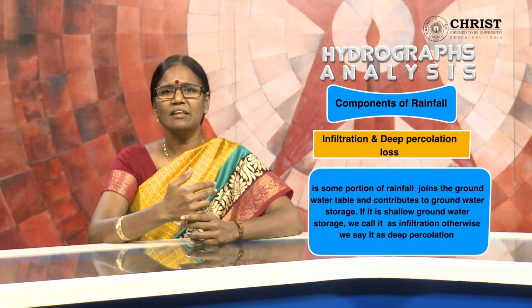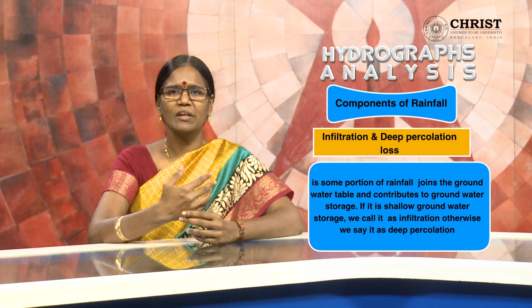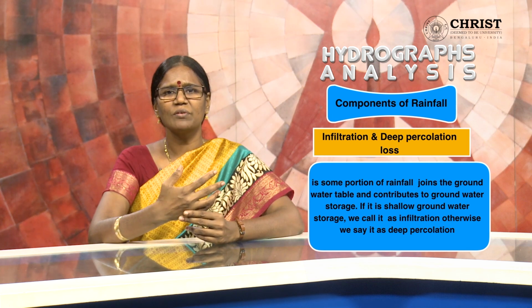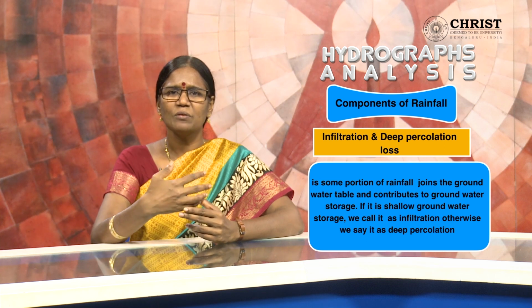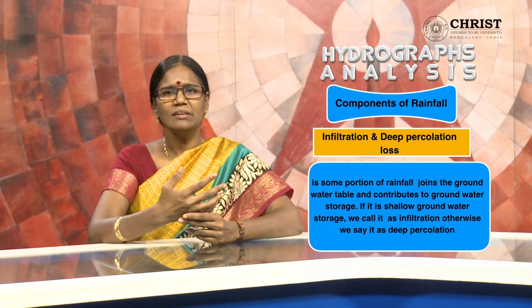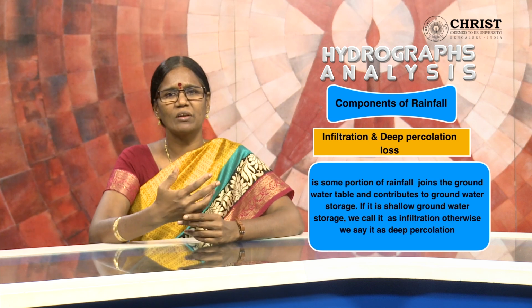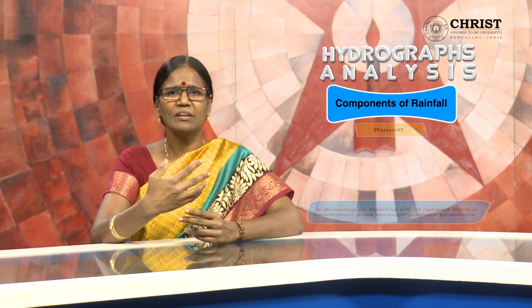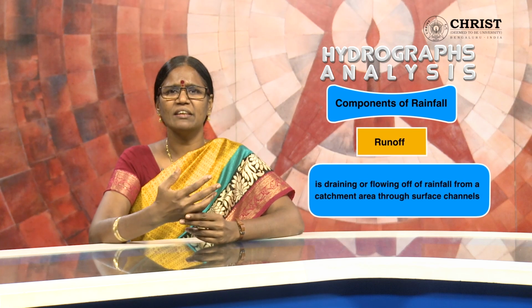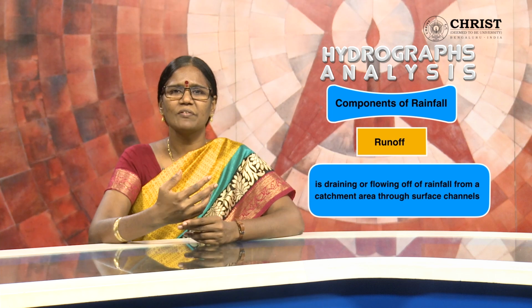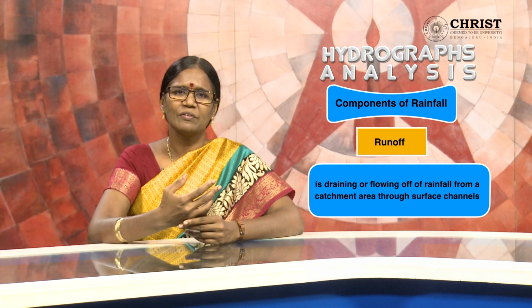And infiltration and percolation is some portion of a rainfall that joins the groundwater table and contributes to the groundwater storage. If it is a shallow groundwater storage, we call it infiltration, otherwise we say it is deep percolation. And coming to runoff, runoff is the draining or flowing off of a rainfall from a catchment area through surface channels.